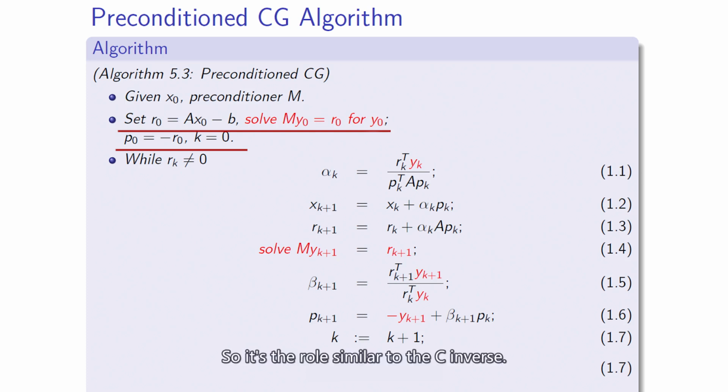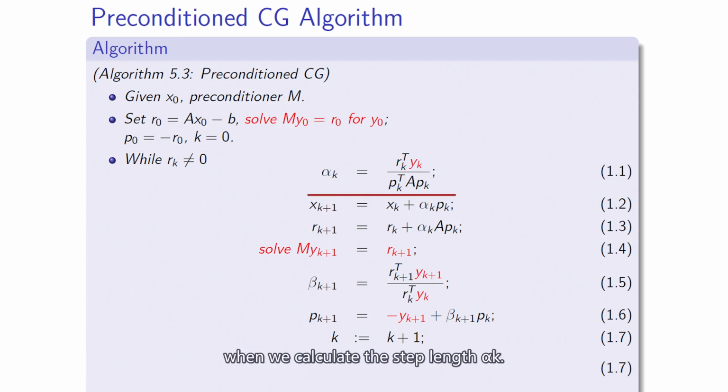After that, the extra part is here. When we calculate the step length alpha k, originally in the unpreconditioned case, this is the search direction pk or the current residual r. Now, in the preconditioned version, we replace it by rk.